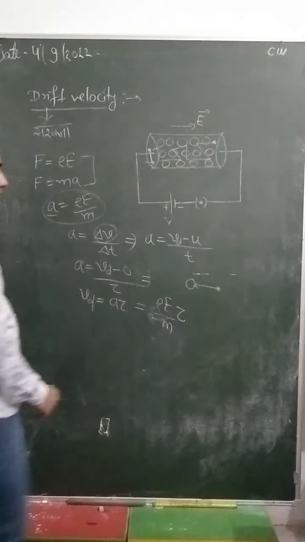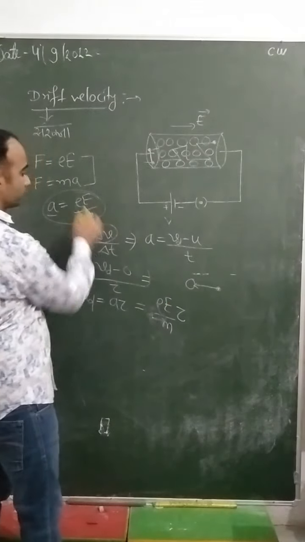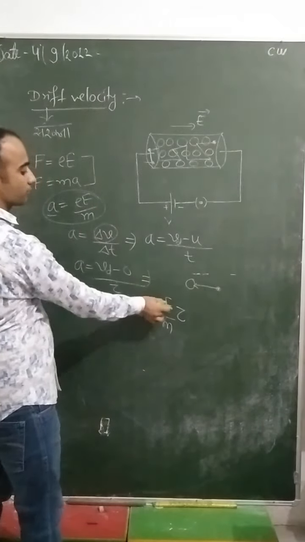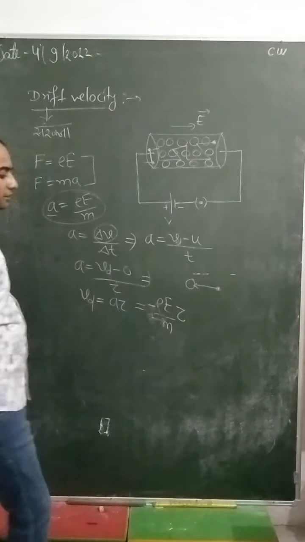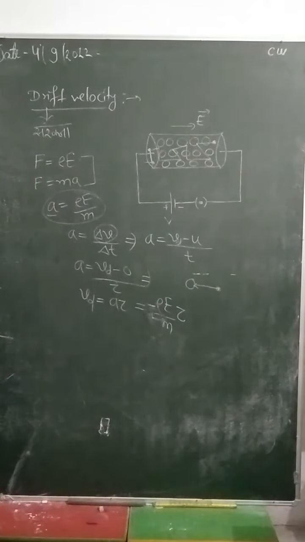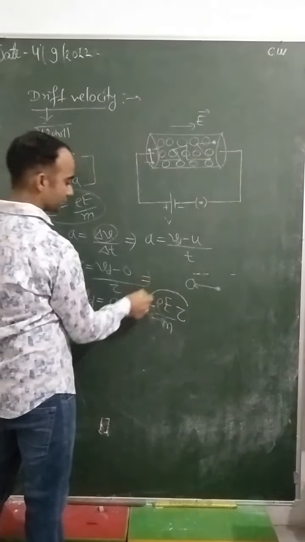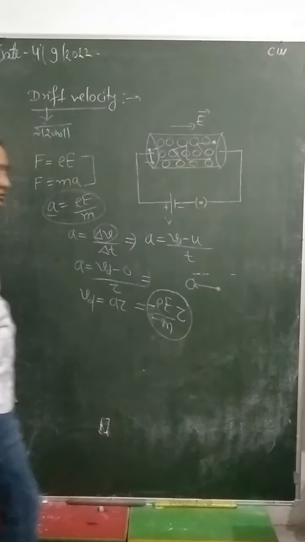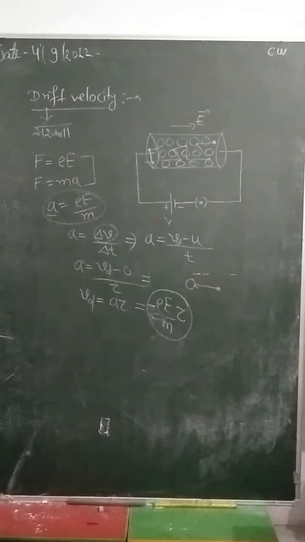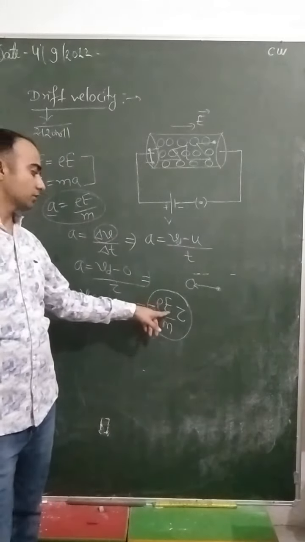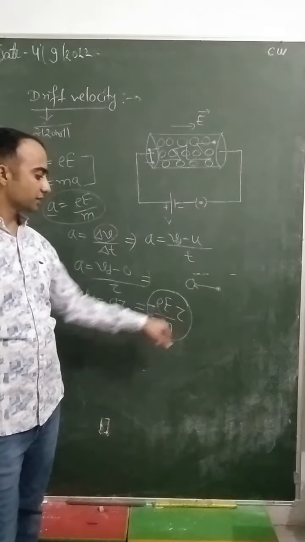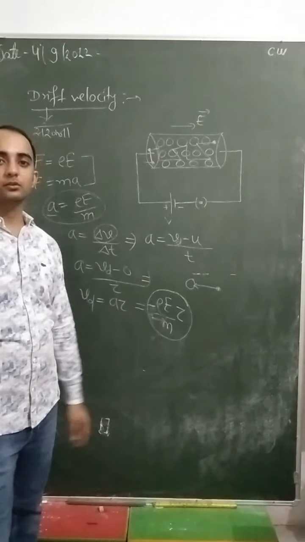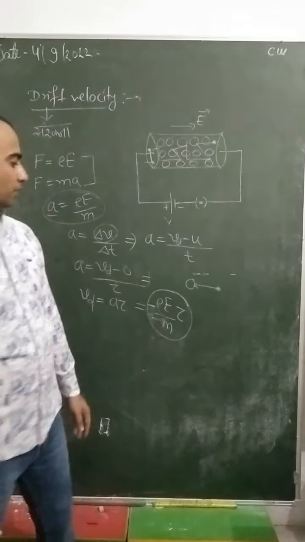For the electron, the force will be opposite to the direction of the electric field, so we get a minus sign here. So the drift velocity for the electron is minus eE tau upon m. So drift velocity depends on the magnitude of the electric field, the time of relaxation, and the mass of the charged particle.